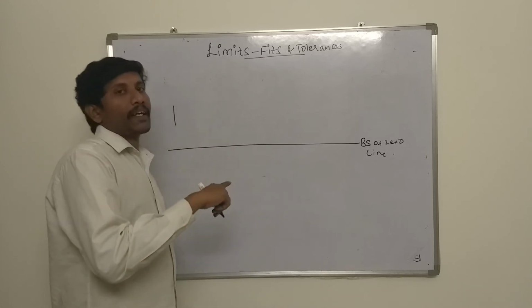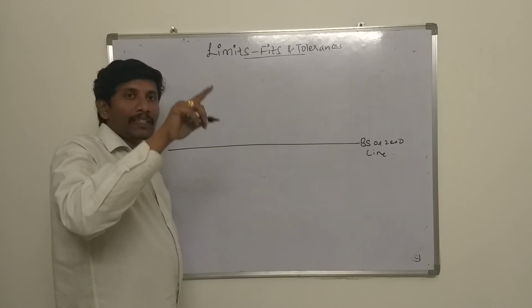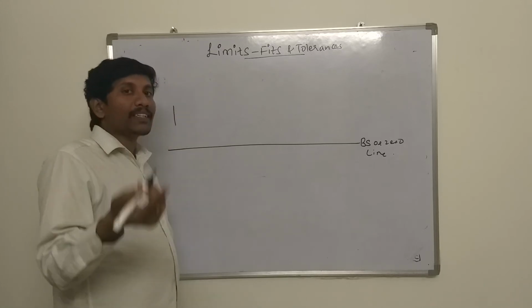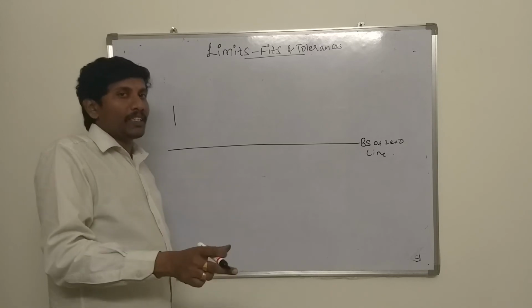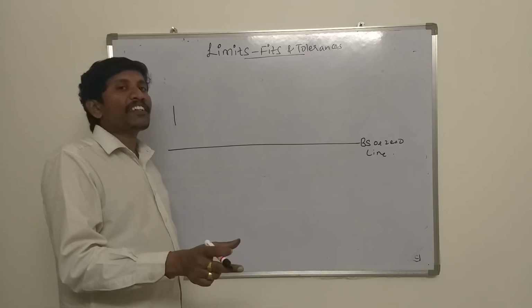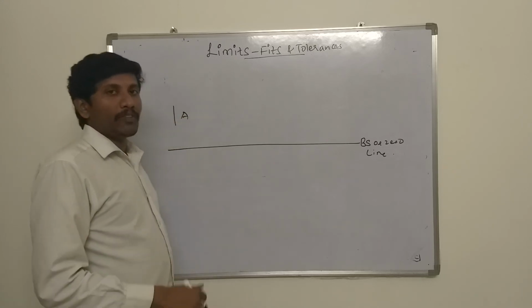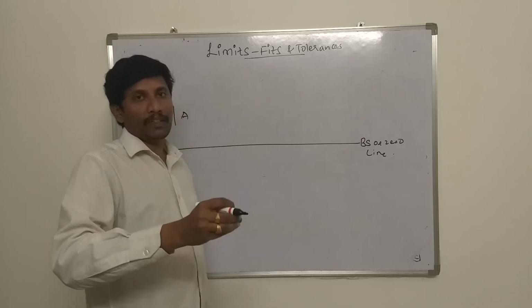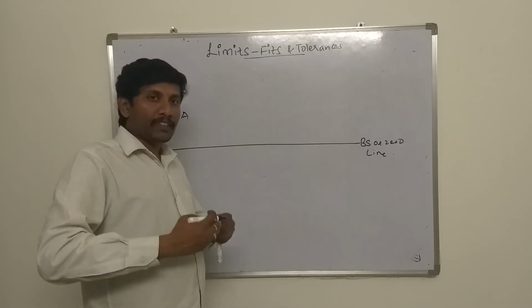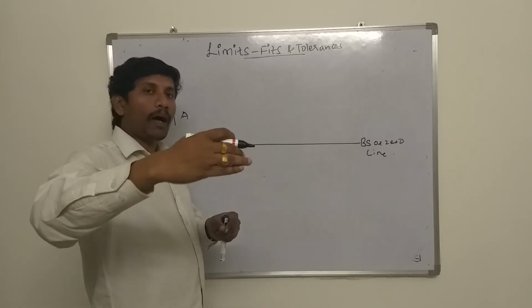In the previous diagram, I mentioned that the upper limit for the capital A hole is represented as a curve. It implies that the upper limit can be varied, keeping the lower limit fixed. The lower limit for the capital A hole is the fundamental deviation, and its value is always fixed. Keeping the fundamental deviation fixed, by applying the tolerance grade, you can vary the upper limit.